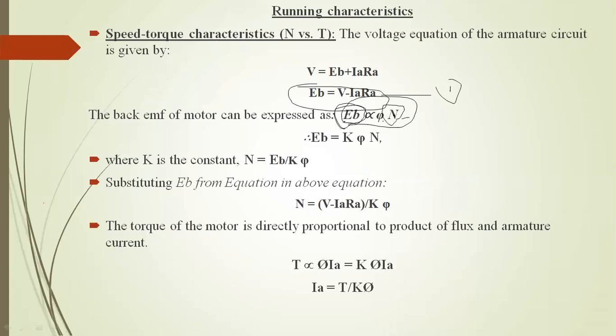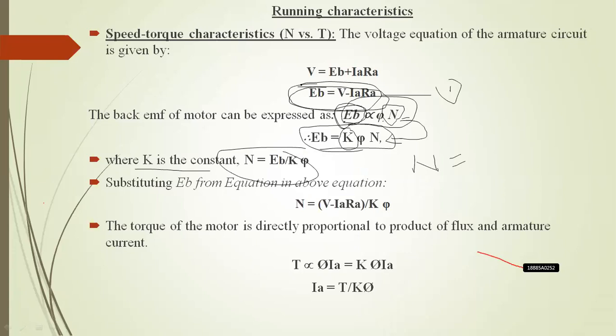From this, I convert the proportionality into an equality by removing the proportionality constant and making it some K, where K is a constant. From this equation, I get the relationship for speed and EMF: N is equal to EB by K phi. Earlier we had the relation back EMF EB is equal to V minus IA RA.